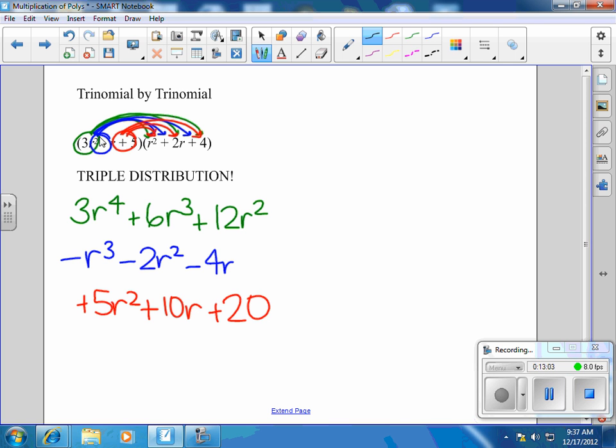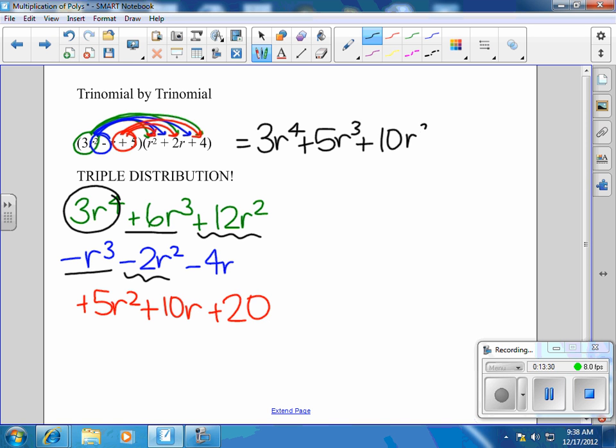And then we have to go through and combine the things that are alike. There's only one r squared, so 3r squared there, or r to the fourth. And then r cubed, I have 6 minus 1, so I end up with 5r cubed. And then r squareds, 12 minus 2 will give me 10r squared.